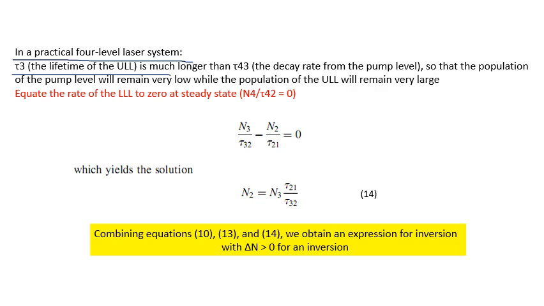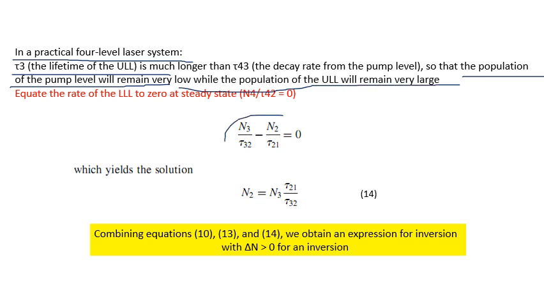This is one of the conditions to create population inversion. So the population of the pump level will remain very low, while the population of ULL will remain very large.